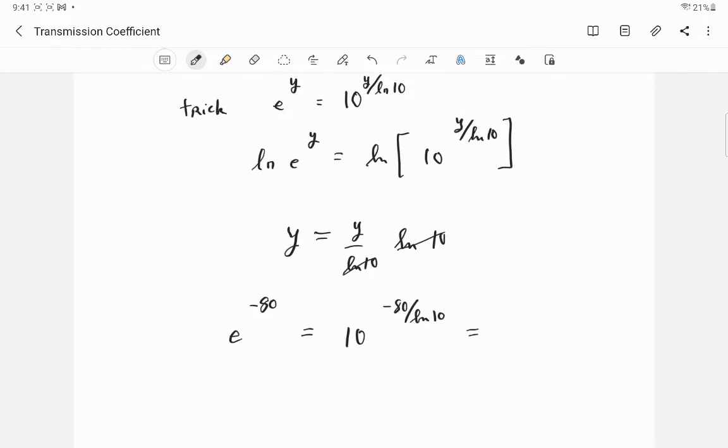So I'm going to do 80 divided by the natural log of 10, and that's equal to about 35. So this is 10 raised to the minus 34.74, right?